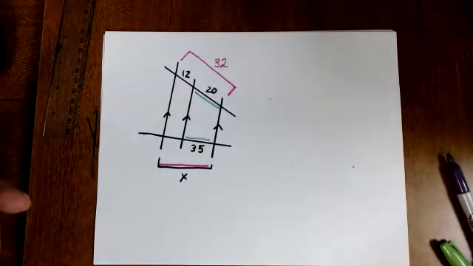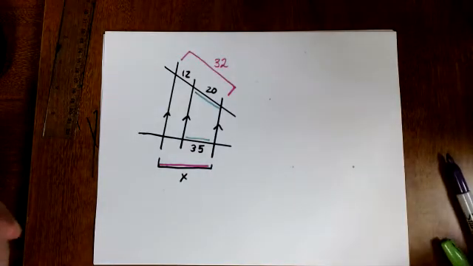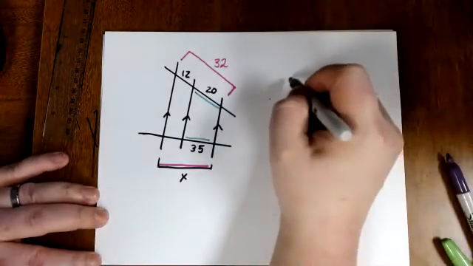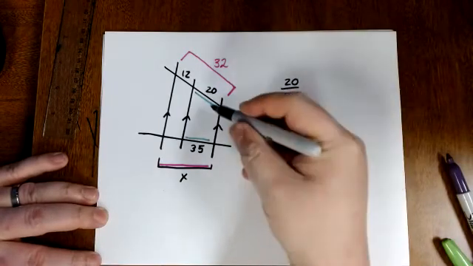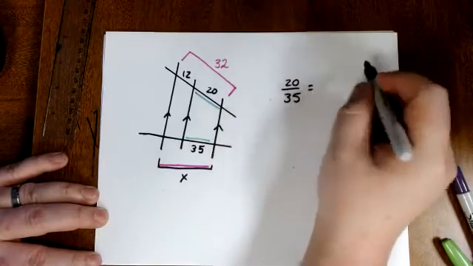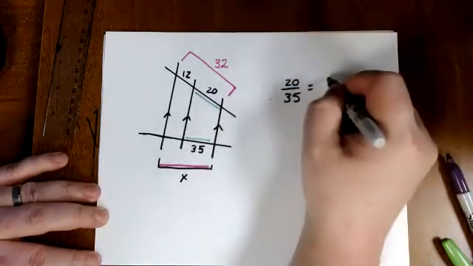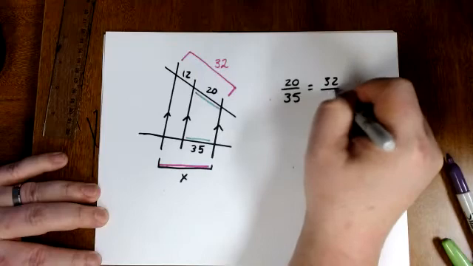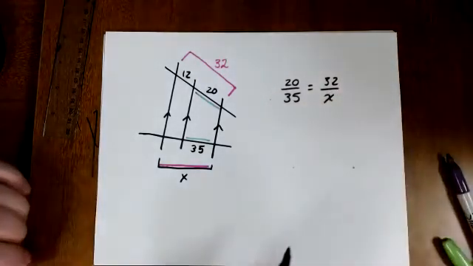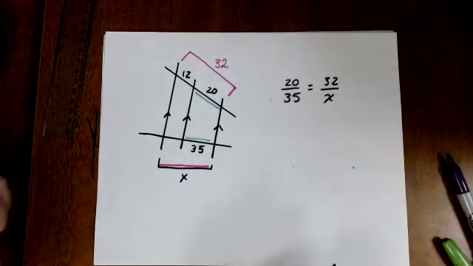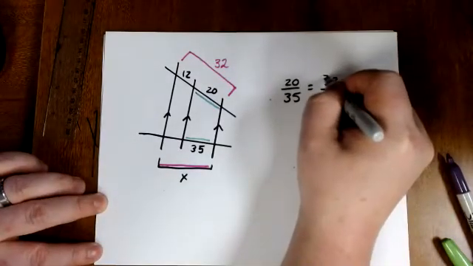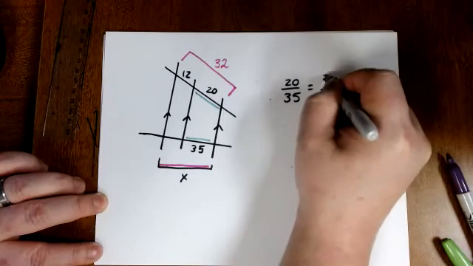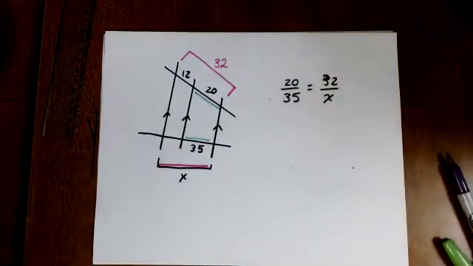And now you can set up your proportion. So let's do 20 over 35, because we knew that that was a pair, and 32 over x, because we know that's a pair. That's a 3. Doesn't quite look like a 3, but it's a 3.